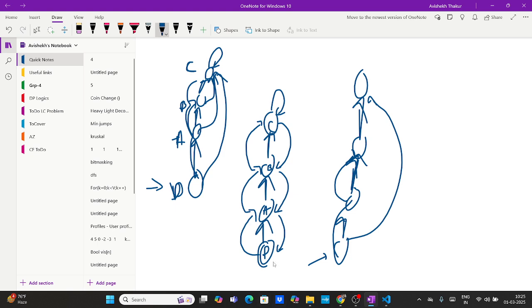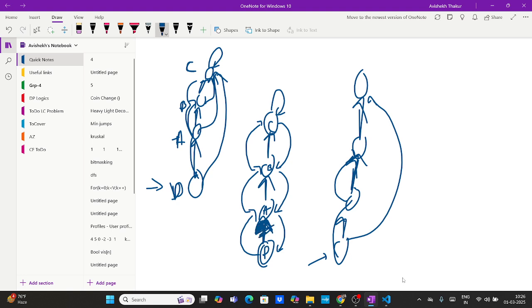But did you see we missed one thing? We are not attaching this still. Whatever we got is C, but the parent link is still A.